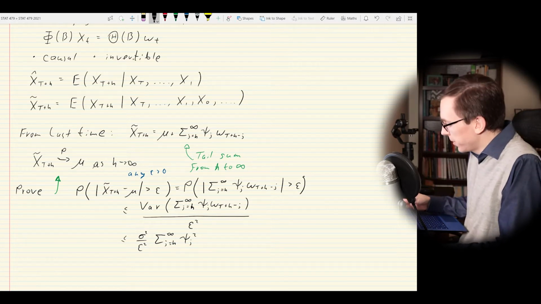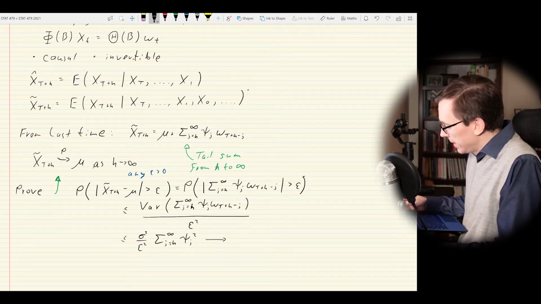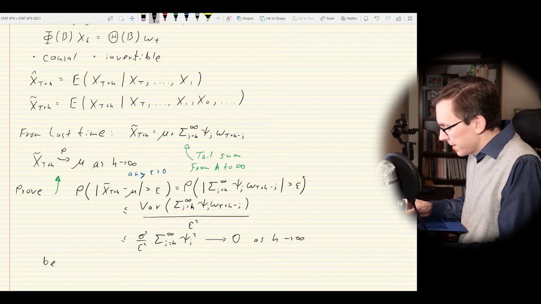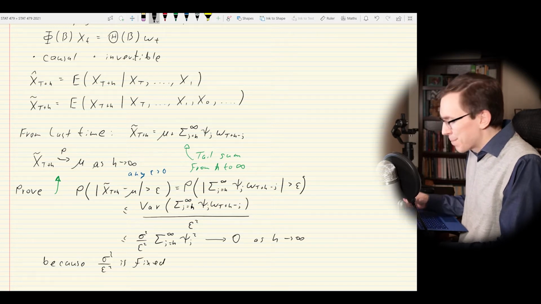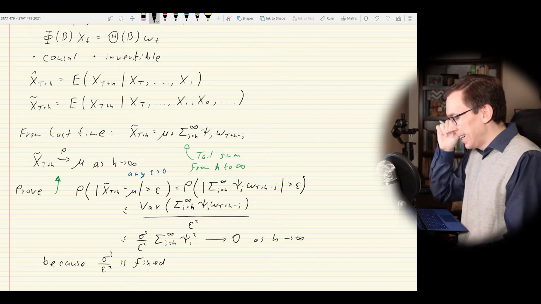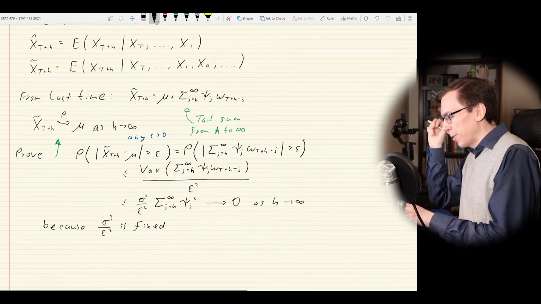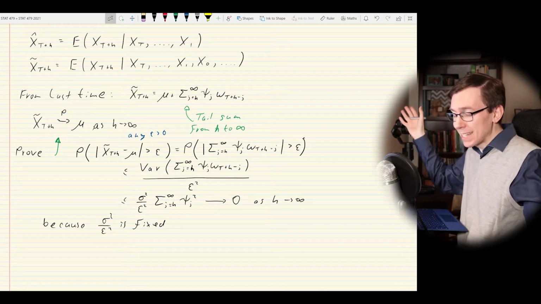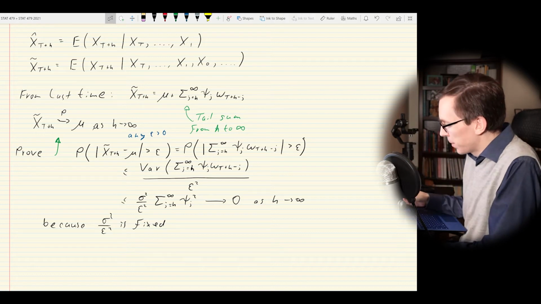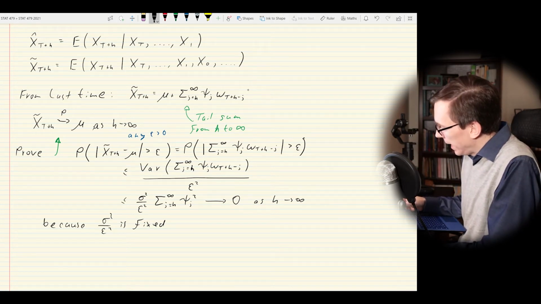And we already know that this has to go to 0 as h goes to infinity because, well, a couple of things. Sigma squared over epsilon squared is fixed. That's not changing. We're not taking epsilon to 0. This isn't one of those epsilon-delta type things where we take epsilon to 0. We just have epsilon as any fixed positive number. This will work.